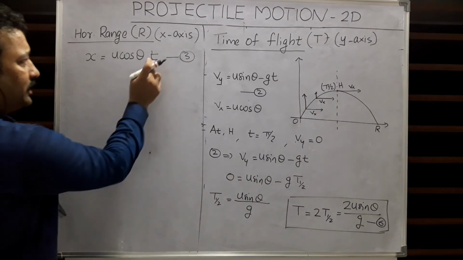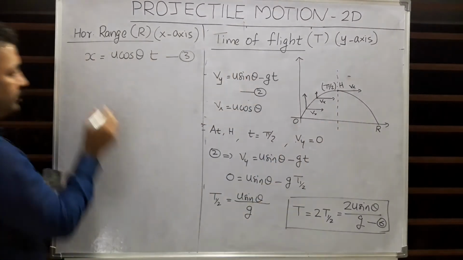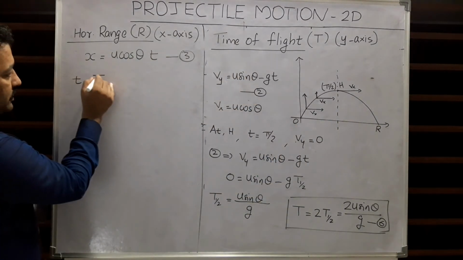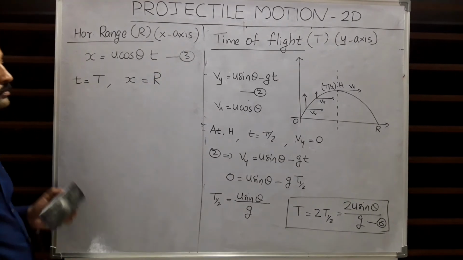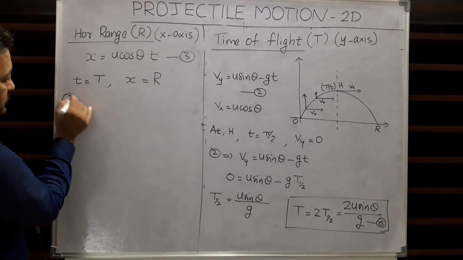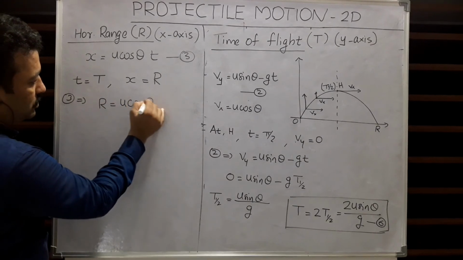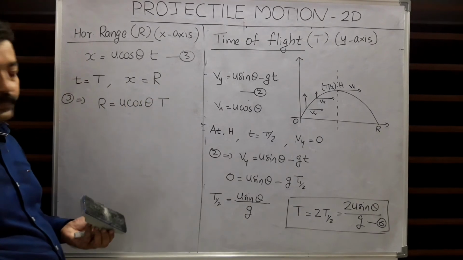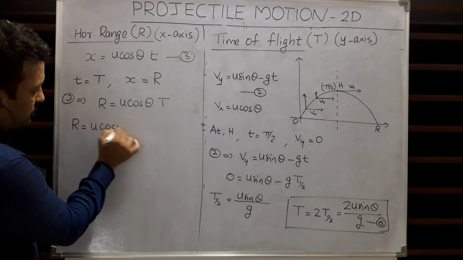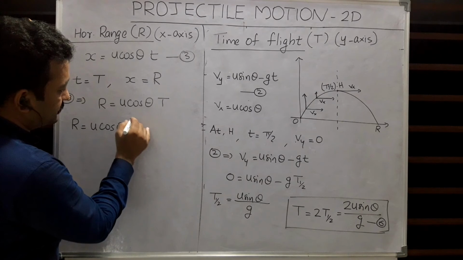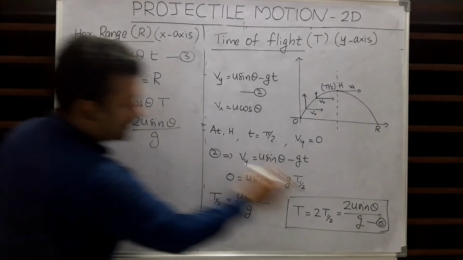I can simply say that when the time is completed, the particle reaches R. That means when t becomes capital T, x becomes capital R. So my equation 3 changes into R equal to u cos theta times capital T, or R is equal to u cos theta and T is 2u sin theta divided by g as per this equation.